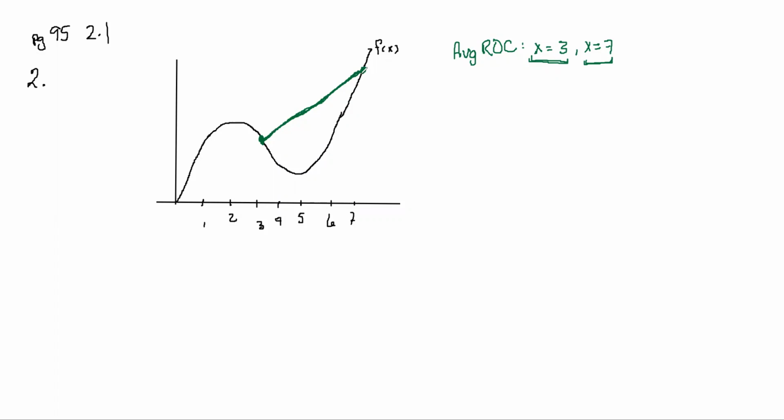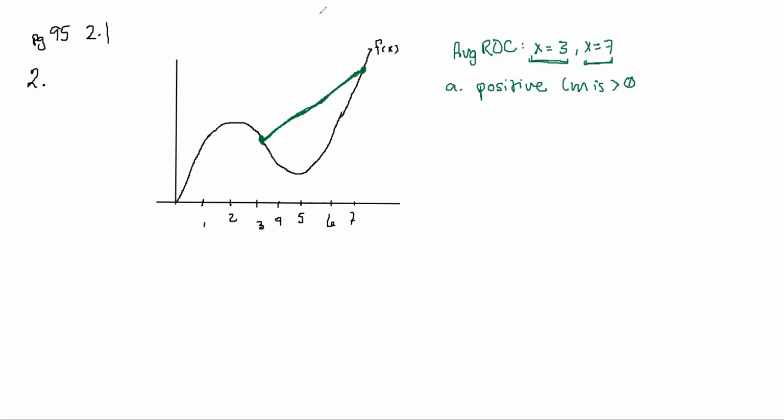So then what about the instantaneous rate of change of f of x at x is equal to 3? Oh, and we're going to say that for part A this is positive, right? Yeah. Because m is greater than 0. Okay.